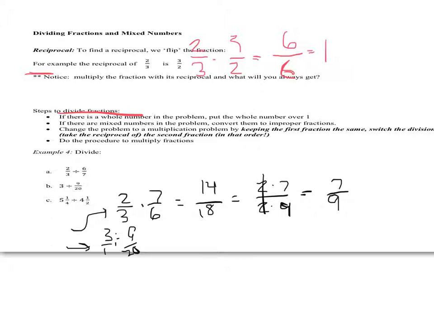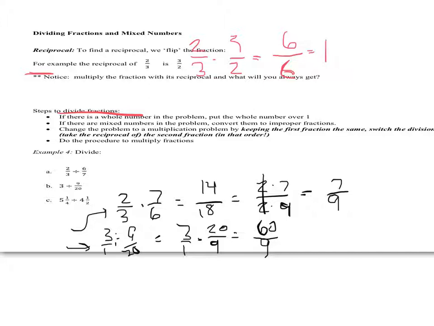Now we can change that division problem to multiplication. 3/1 stays the same, and we multiply by the reciprocal of the second fraction, which is 20/9. Finally, we're going to use the procedure for multiplying fractions. 3 times 20 is 60 in the numerator, and 1 times 9 is 9 in the denominator.